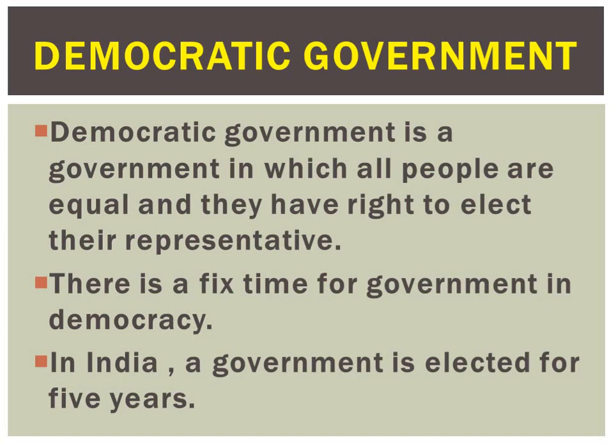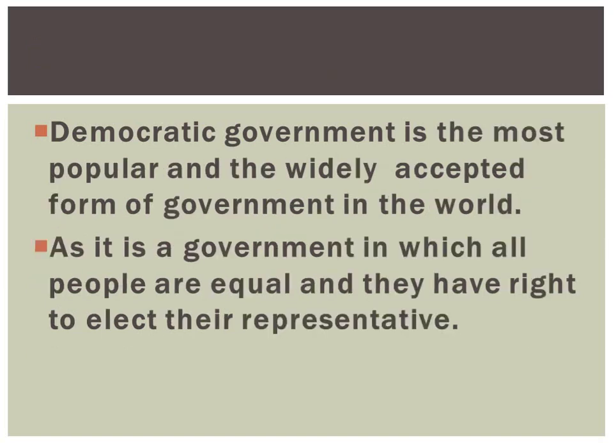So this is all about democratic government. Now, democratic government is most popular, definitely because here all the people are treated equally, and it is the widely accepted form of government in the world. It is a government in which all people are equal and they have the right to elect their representative.